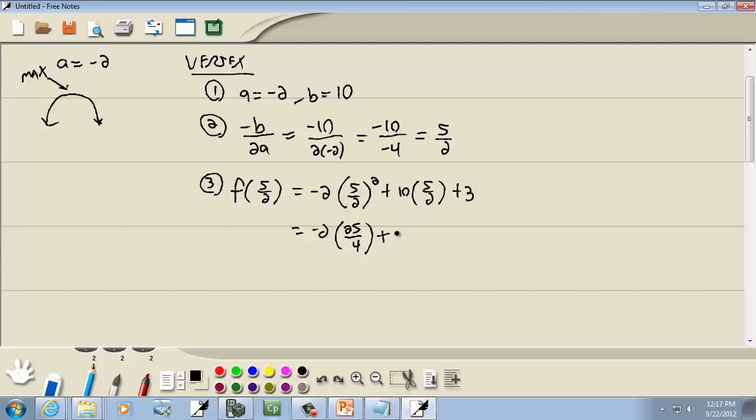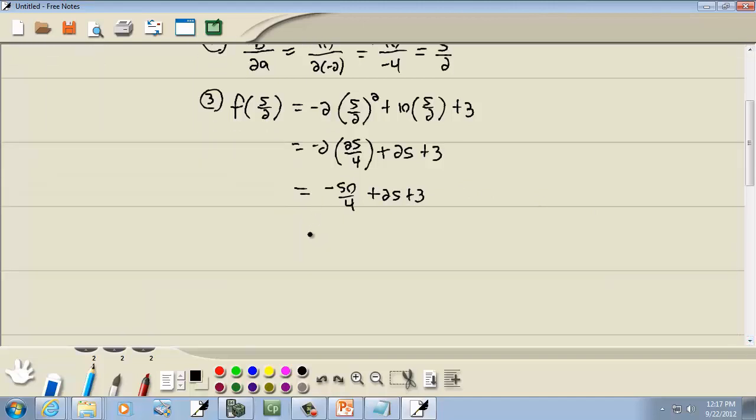That gives me 5 times 5, 25, plus 3. These reduce. Negative 50 over 4 plus 25 plus 3, which is negative 25 halves plus 28. I'll get a common denominator of 2, and this would become 56.